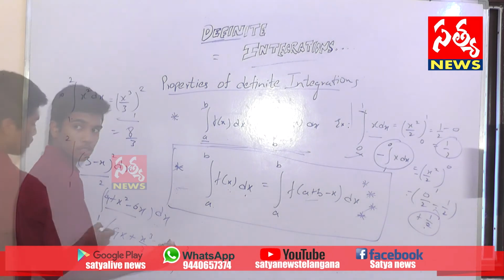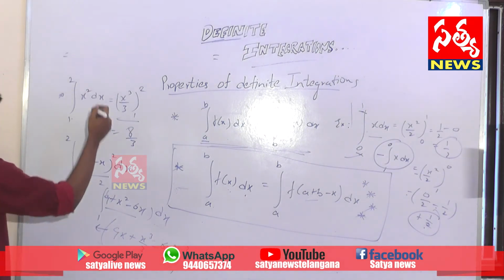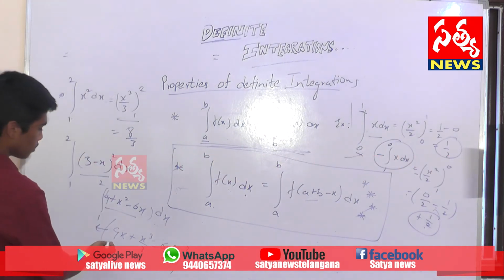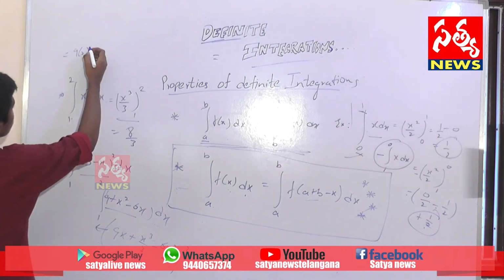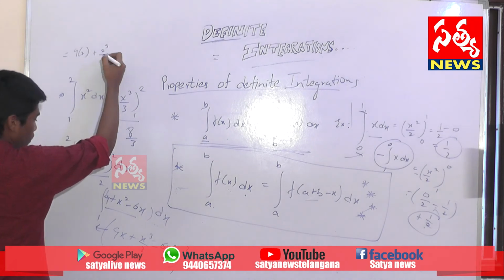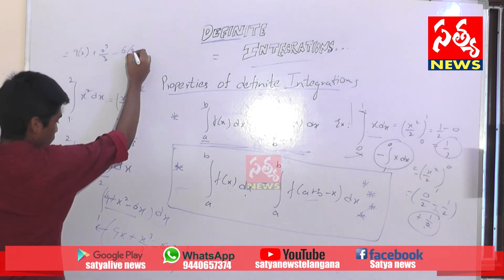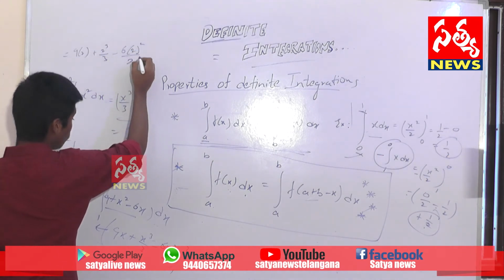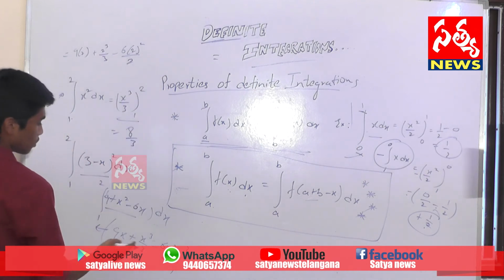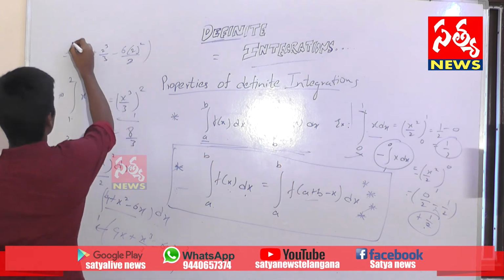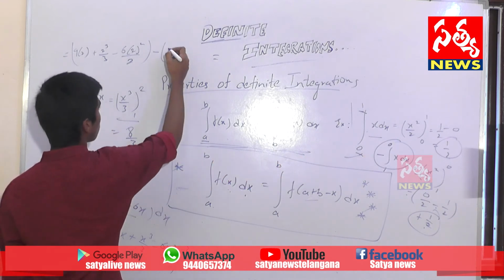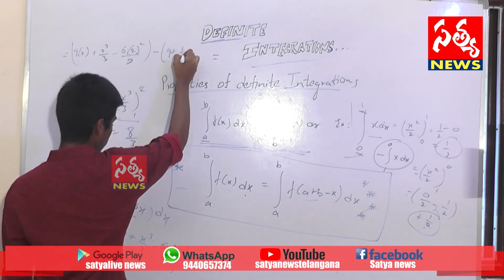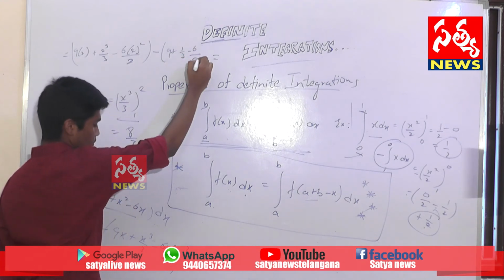Applying limits, I am writing it up. Applying limits, 9 into 2 plus 2 cube by 3 minus 6 into 2 square by 2, minus of 1. 9 plus 1 by 3 minus 6 by 2.